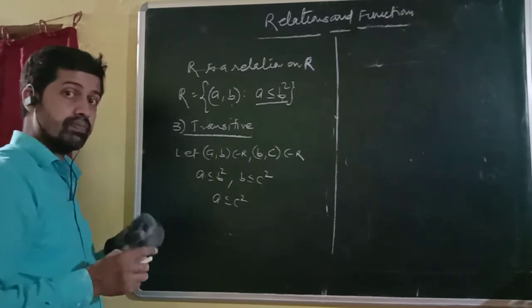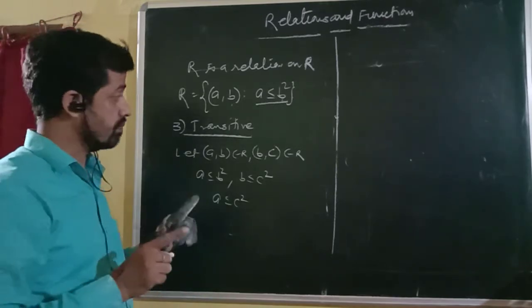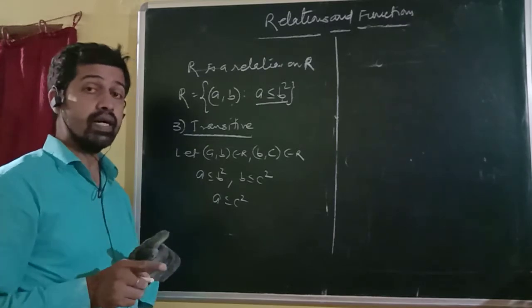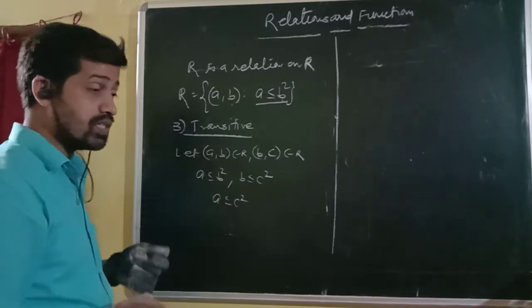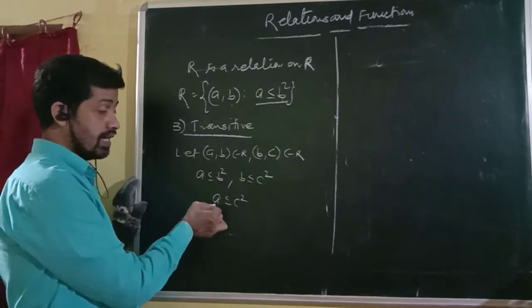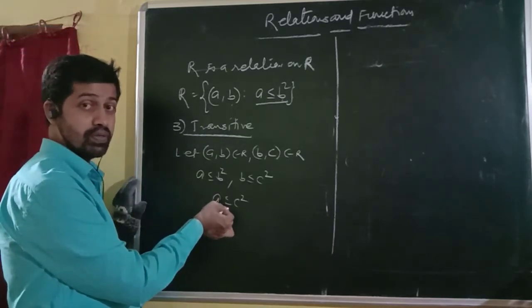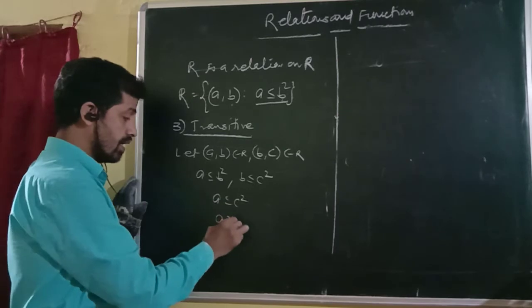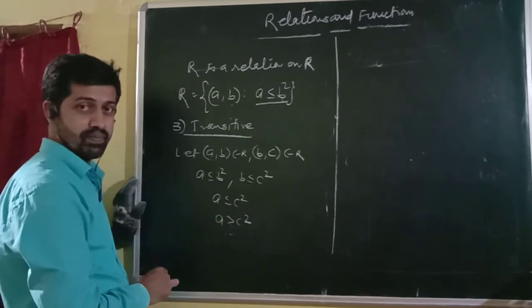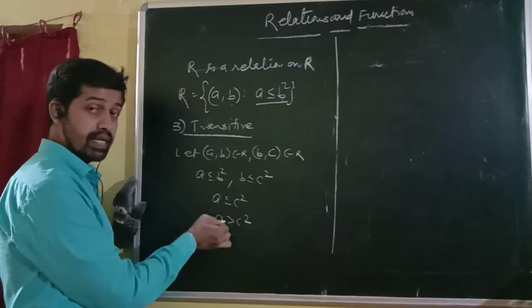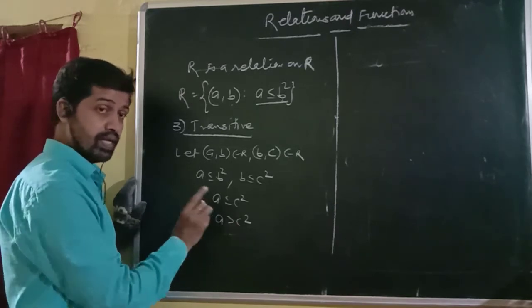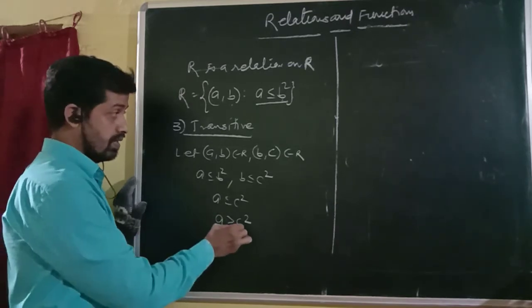Let me come back to the question. We are asked to prove that it is not transitive. That means A is not less than or equal to C square. Rather, it is A greater than C square. So we take a suitable example.